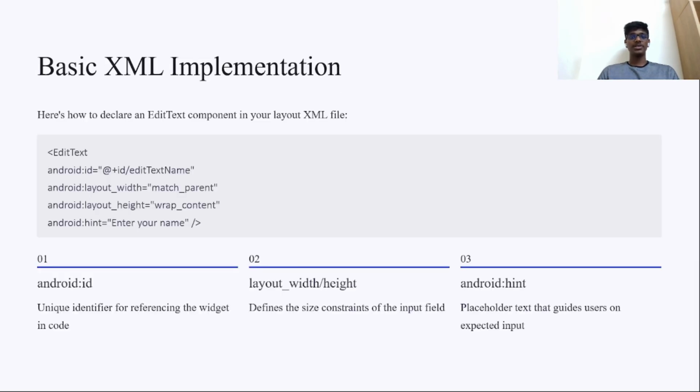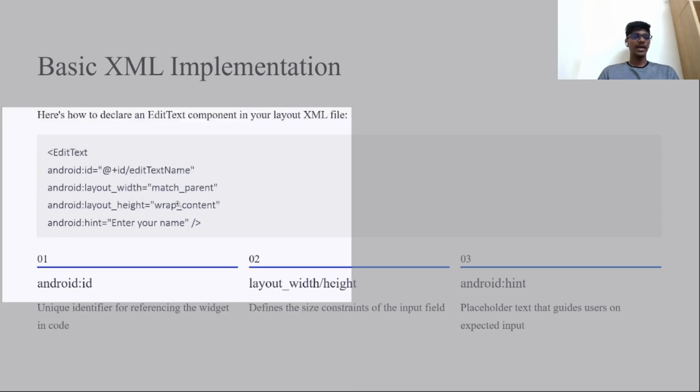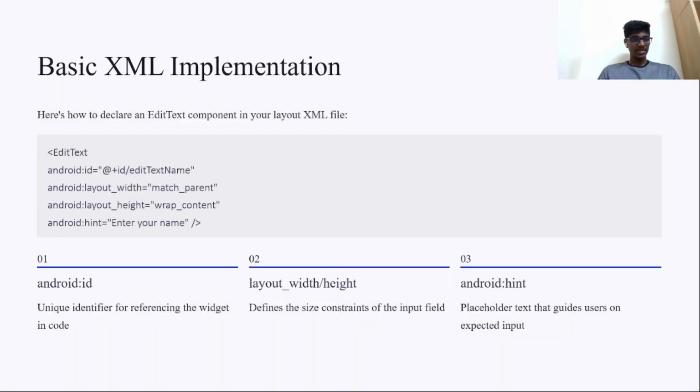Basic XML implementation. Now let's look at how to implement EditText in XML, which is usually done inside the layout file of your activity. Here is a simple XML code for EditText. The basic syntax is less than EditText and ends with slash greater than.